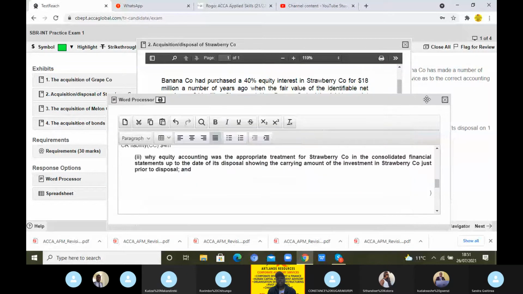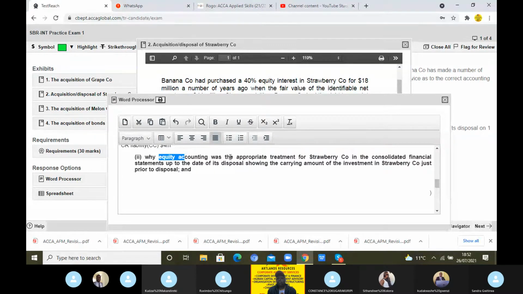Now, according to Strawberry. The question is, why was equity accounting the appropriate treatment for Strawberry? Remember, equity accounting is done when you are accounting for the investment in an associate. So for Strawberry to be equity accounted, it must have met the criteria for the definition of an associate.